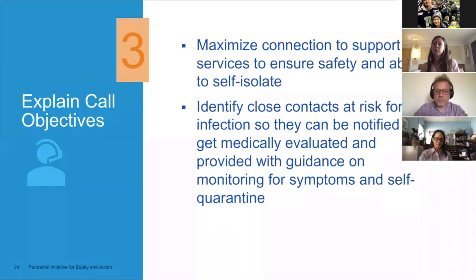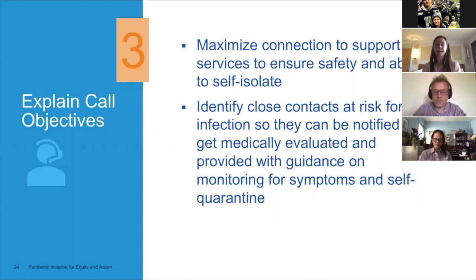So then you want to really explain the objectives of the call. And it's really two key parts. One is to ensure support. We want to check in and make sure that people are able to safely isolate. And if not, provide them with resources to help them do so.